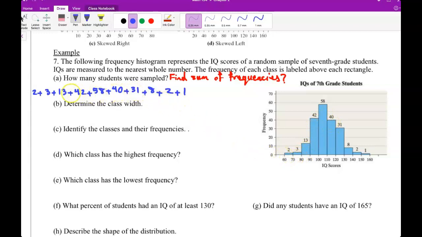In total, we should have 10 because we have 10 classes here. That is equal to 200. So we have 200 students.